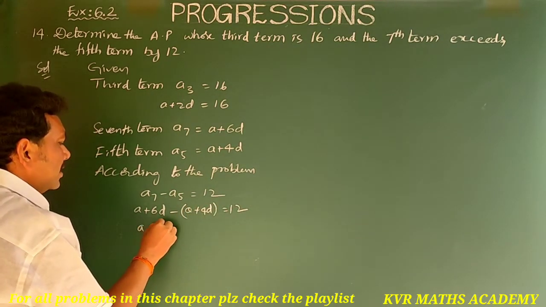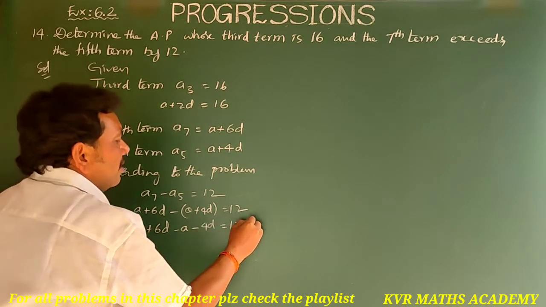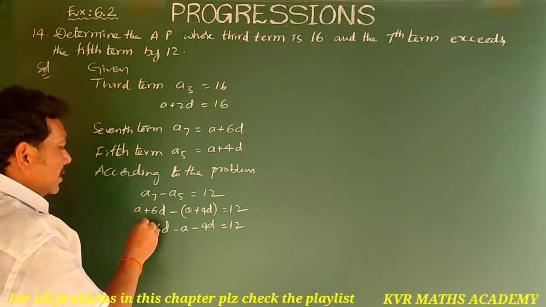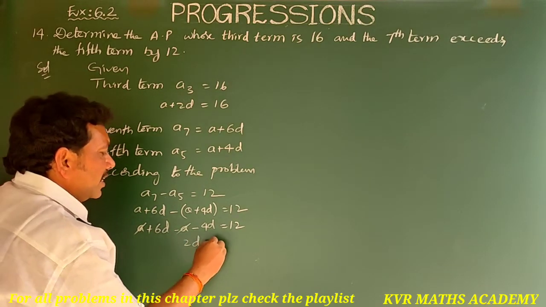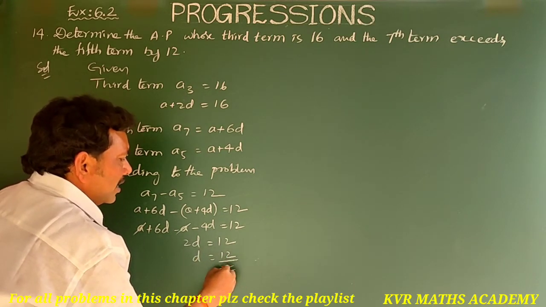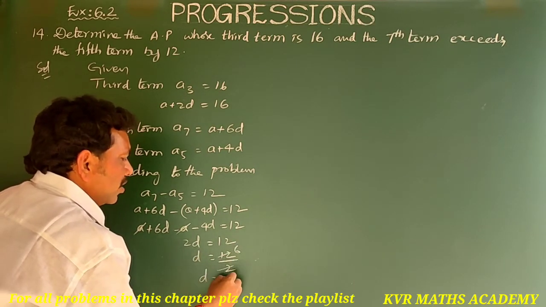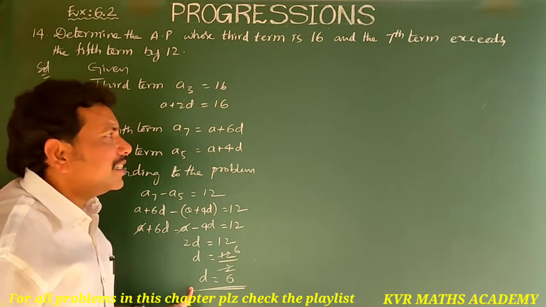So A plus 6D minus A minus 4D is equal to 12. Here A minus A gets cancelled. So 6D minus 4D, 2D is equal to 12. So D is equal to 12 by 2, that is 6. D is equal to 6, right?